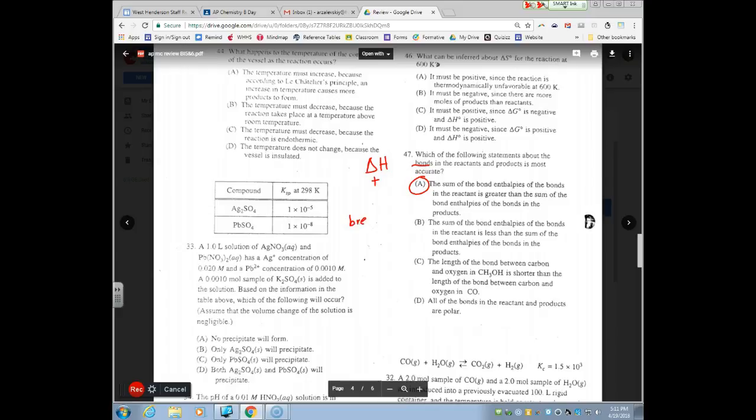So those bonds that were broken had to be much larger than the energy that was given off when we made new bonds. And so the sum of the bond enthalpies of the bonds in the reactant is greater than the bond enthalpies of the products.